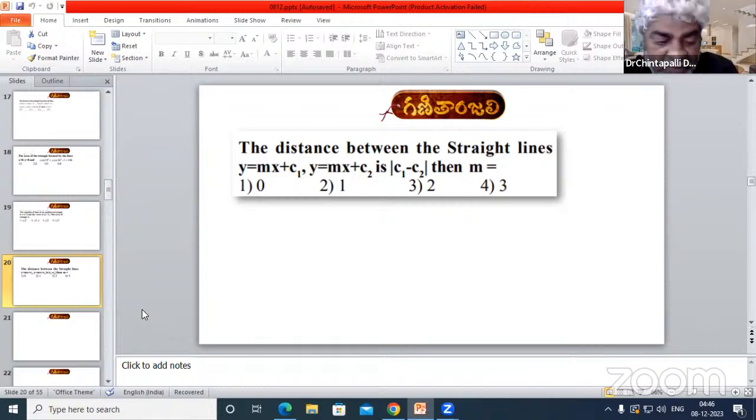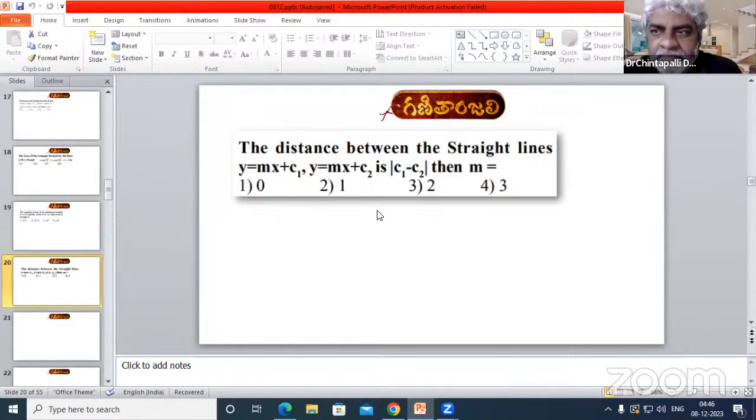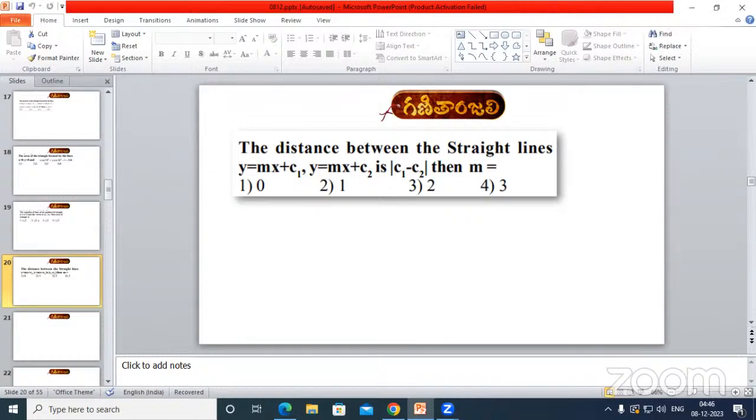We did many problems in straight lines. After these two chapters, you prefer permutations and combinations and probability in the series. Previously, we did a very few questions in permutations and combinations and probability. So this time, I collected some questions.